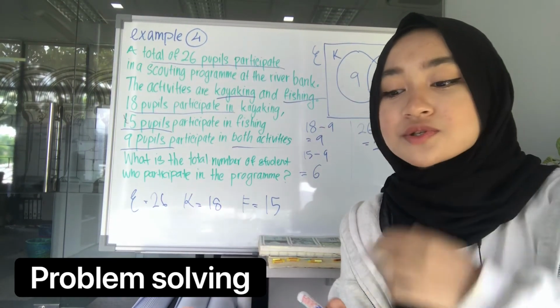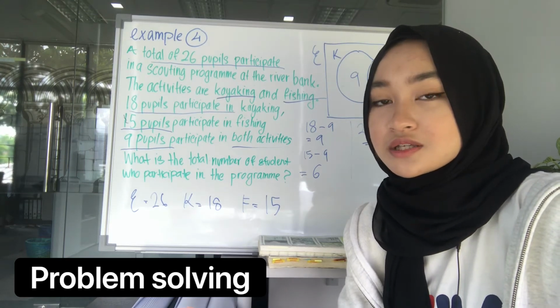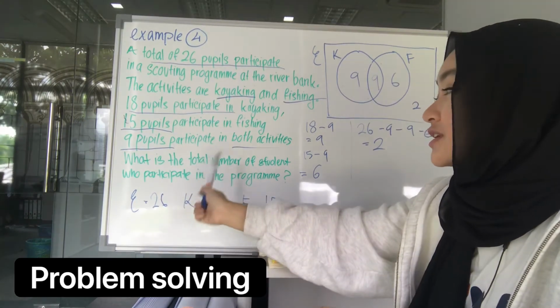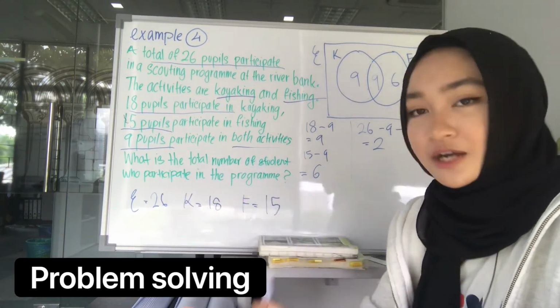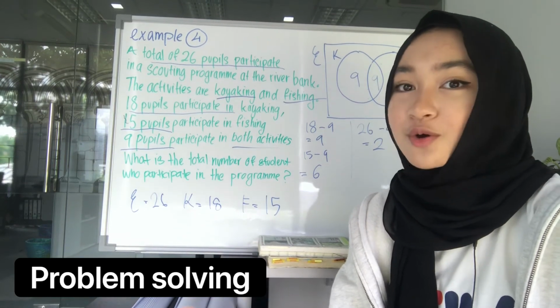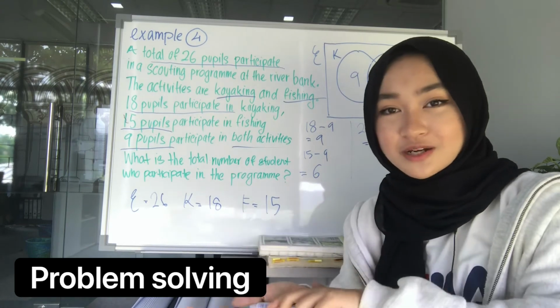So the total people who participate in the activities of the program are actually 24 people. Answer. Because the question asks what is the total number of students who participate in the program. So we need to find the students who participate in the program.